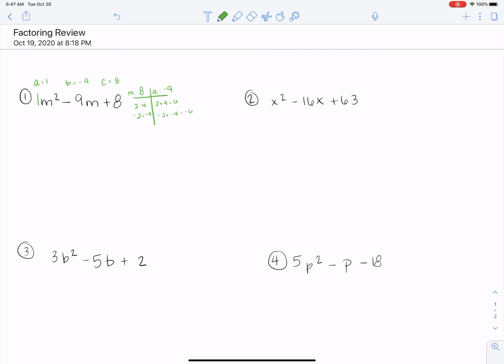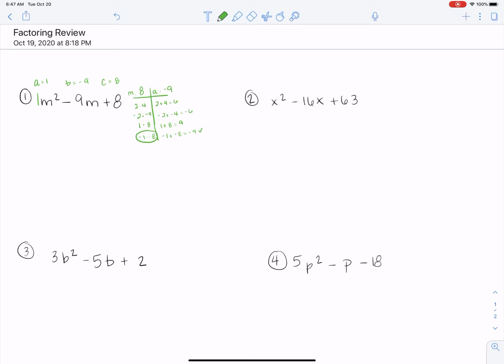Factors of 8, I could use 1 and 8. If I add them, it's +9. That's close, so let's use -1 and -8. If I add those, I get -9, and so I know those are the factors that are going to work.